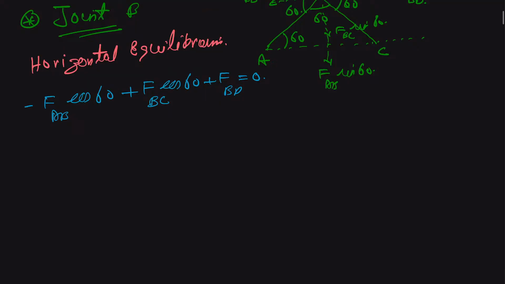And now we come to vertical equilibrium. So we have a vertical equilibrium, and in the vertical equilibrium, two forces, FAB sine of 60 and FBC sine of 60, both will be in downward direction, that is negative, FBC sine of 60.